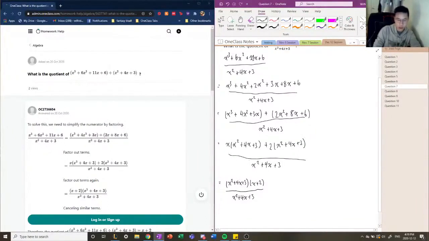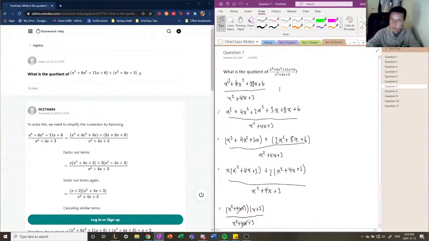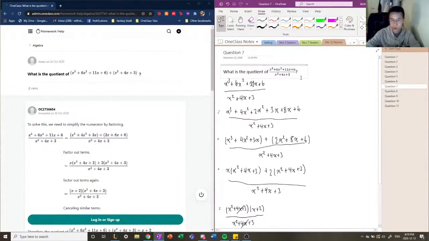Here, by using this clever idea, we notice that the numerator and the denominator have similar factors, which is x squared plus 4x plus 3. So we can cancel both of these out, and all we're left with is the quotient of our original expression, x plus 2. This is how we use this clever idea of factoring and grouping to find our quotient instead of just doing long division.